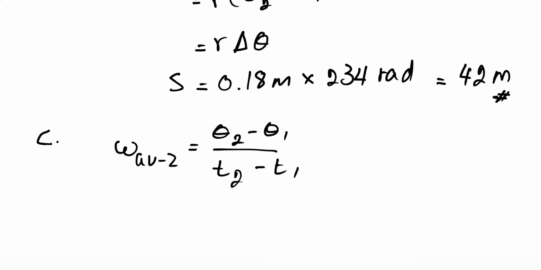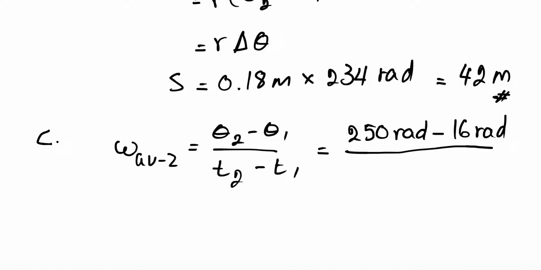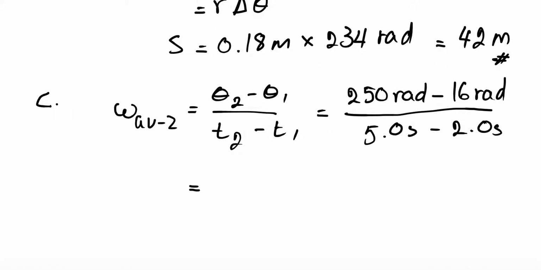So we substitute the values in: 250 radian minus 16 radian over 5 second minus 2 second. The first answer is in radian per second. This is 78 rad per second.